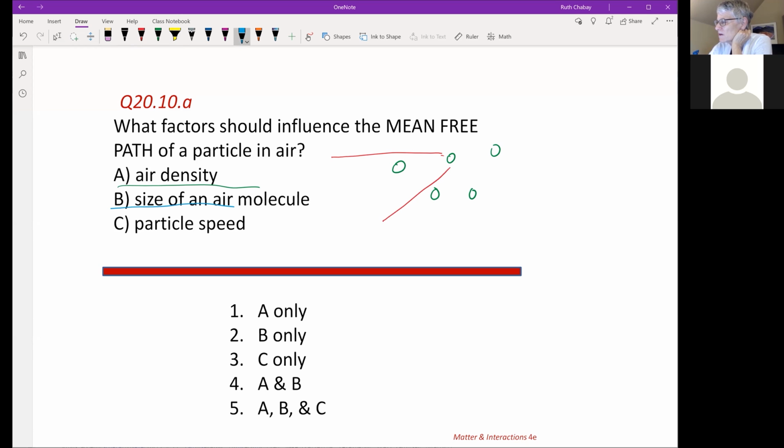It certainly depends on the size of an air molecule, because if these molecules are much bigger, that's certainly going to increase the probability of colliding.